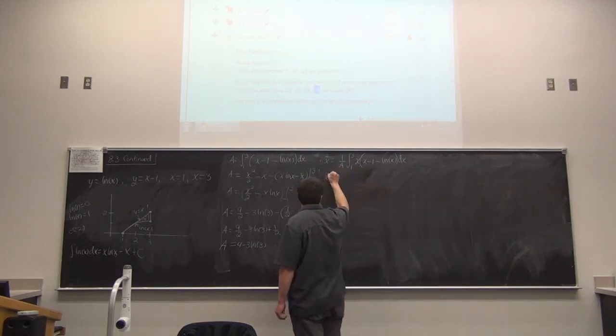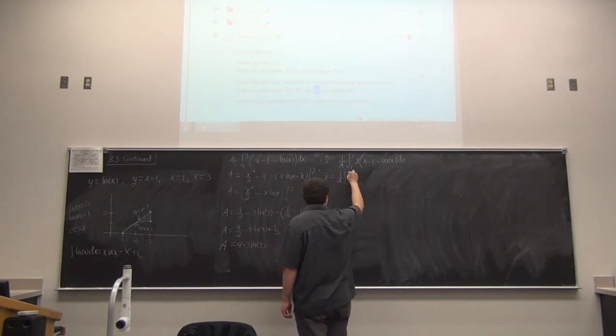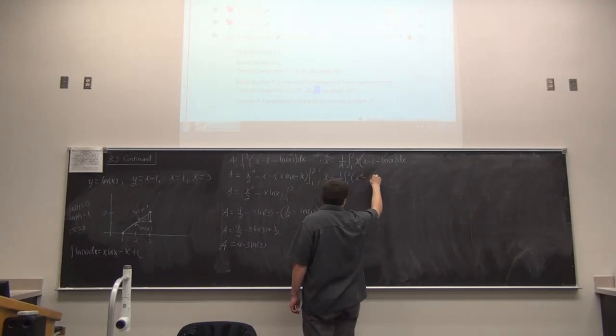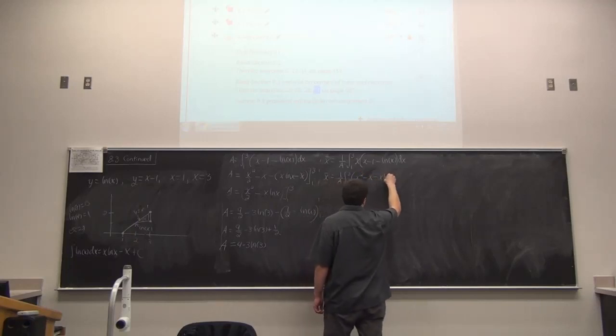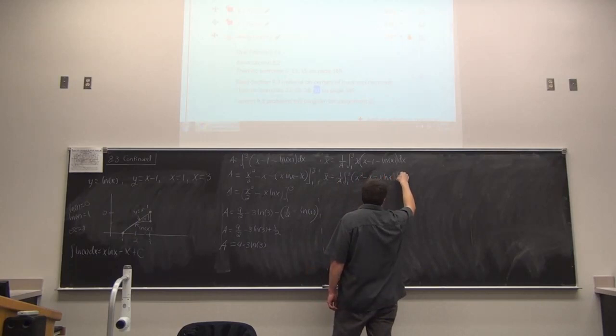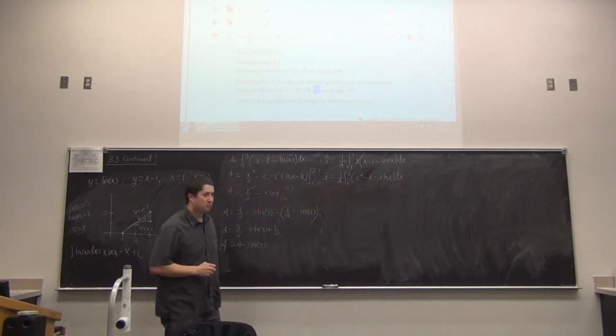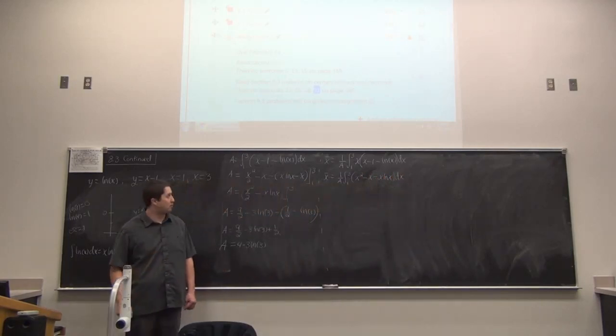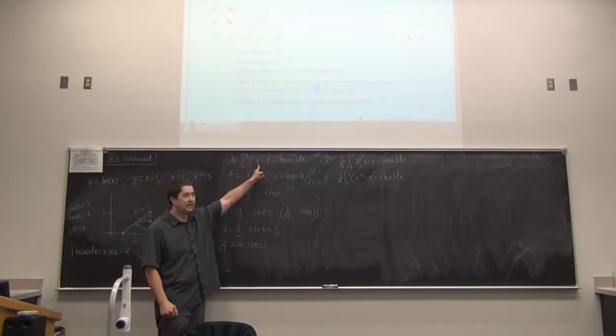So now we have that x bar is reciprocal of area, multiplying the definite integral from 1 to 3 of, now it's x squared minus x natural log x dx.